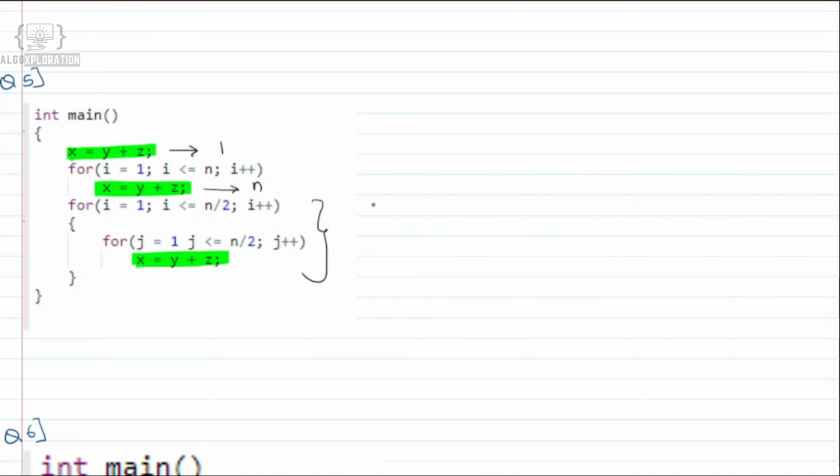Here also there is a nested for loop, in which the outer for loop is going to run n by 2 times, and the inner for loop is also going to run n by 2 times. Due to the nested for loop, if we multiply this, it will be n square by 4.